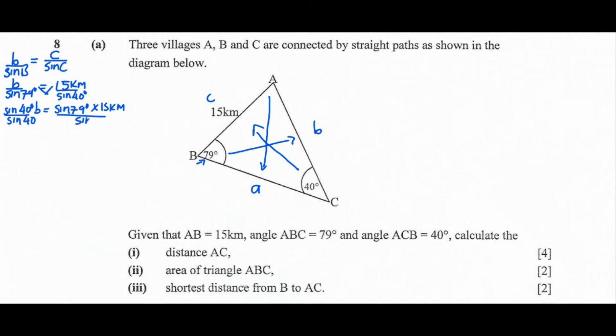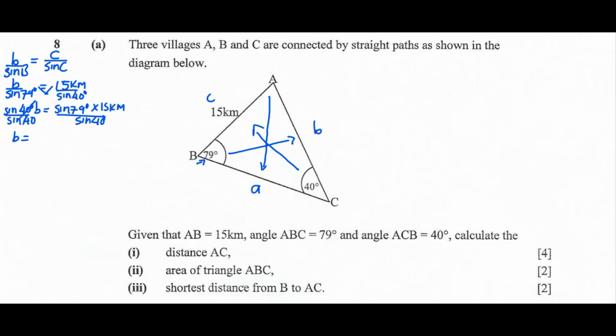So we divide by sine 40. So we say sine 79 times 15 divided by sine 40.